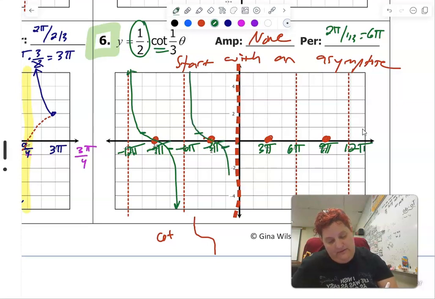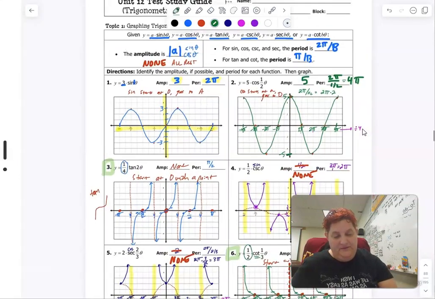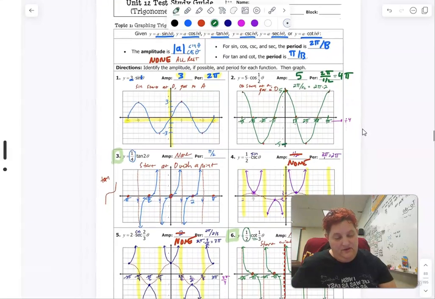That goes like that, it goes like that, and this is just at a half and a half. And there go my graphs. So that's the basics of the first, one of each with just an amplitude change and a period change.